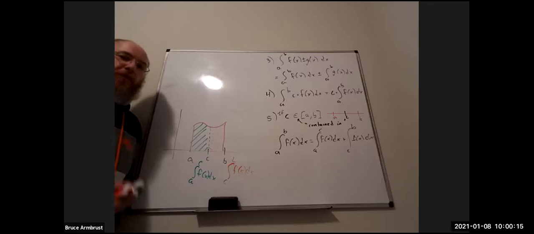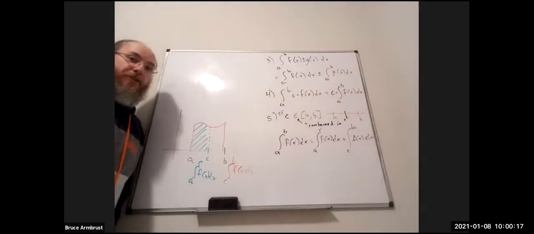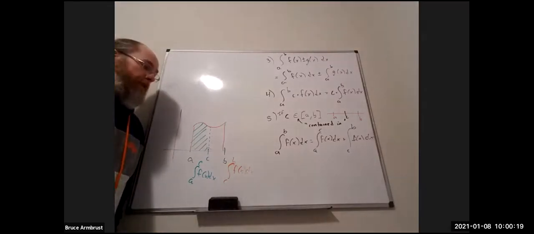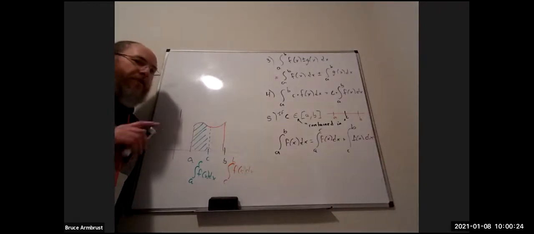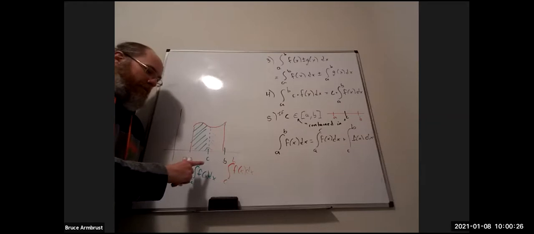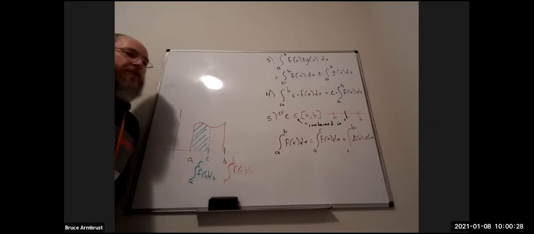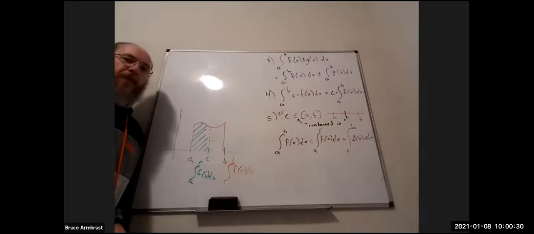So this is also very useful. You'll see it in lots of situations. Basically, just split it wherever you want. Now, the first consequence of this that I want to definitely mention right now is that if you want to calculate an integral, you don't necessarily have to have a continuous function.